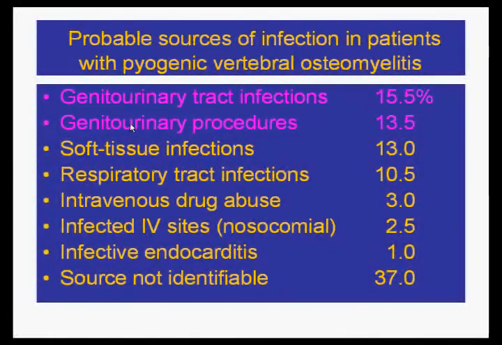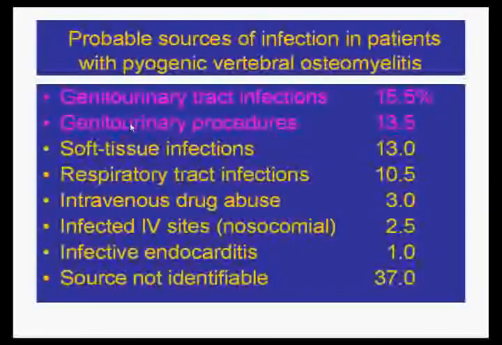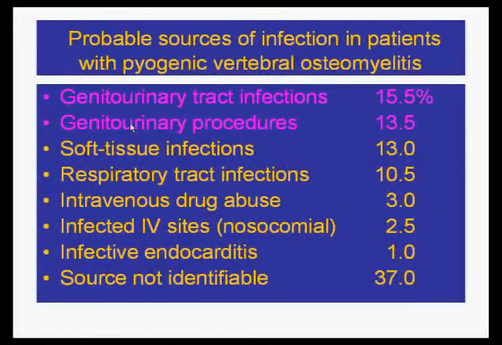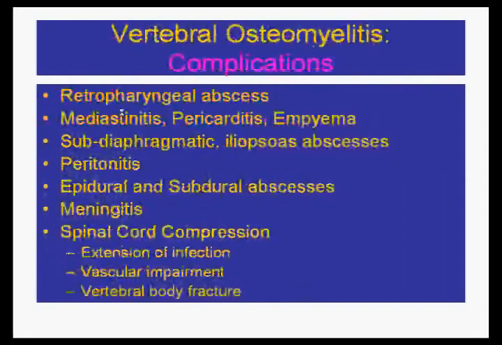So that brings in the Batson plexus and also brings into the mind the fact that this is not a predictable pathogen. So it could be anything that could have been involved in the urinary tract, and that plus the fact that Staph aureus represents about 50 to 55% of vertebral osteomyelitis just makes the point that you can't predict what the pathogen is going to be in this setting.